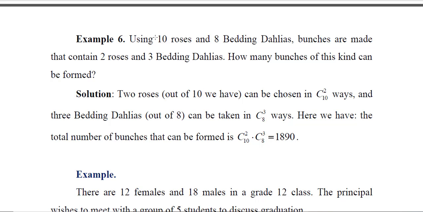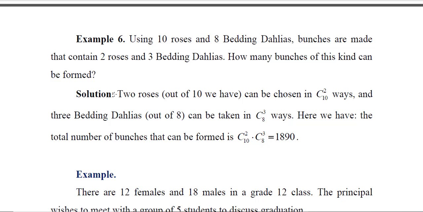So here we have 10 roses and 8 other flowers, which are also a type of flower, and we need to make bunches consisting of 2 roses and 3 of the others. How can we do it?